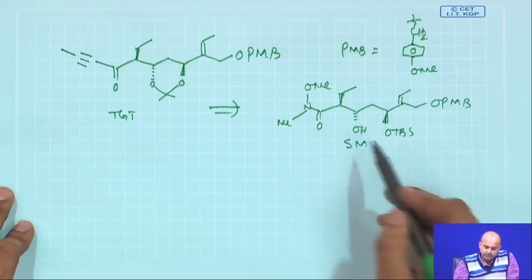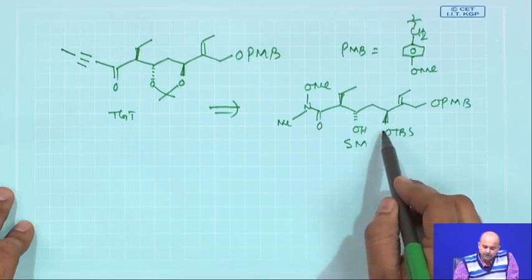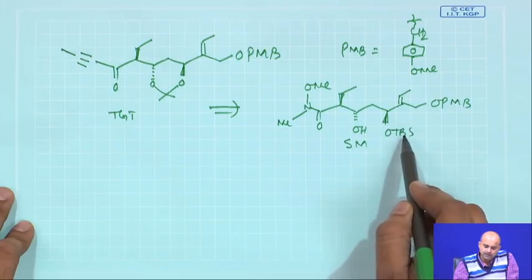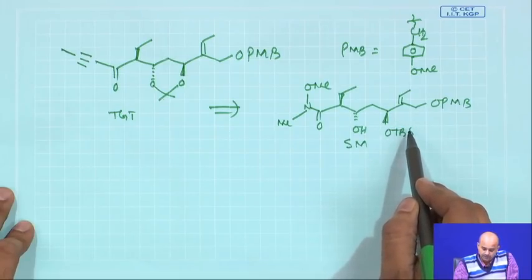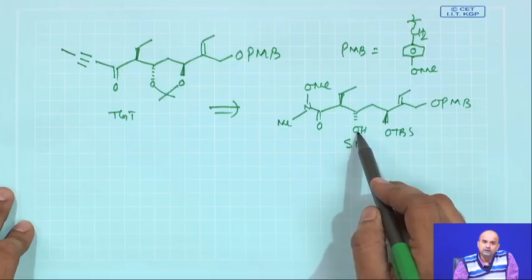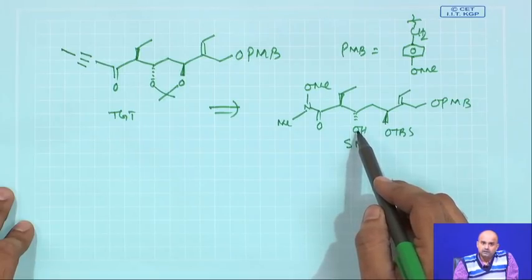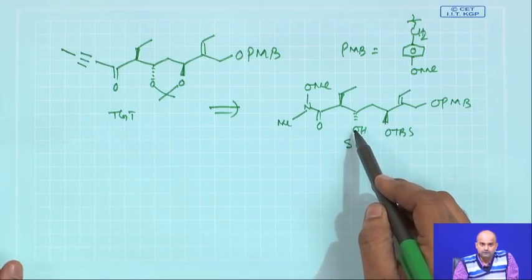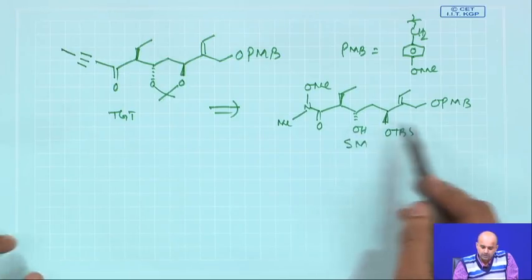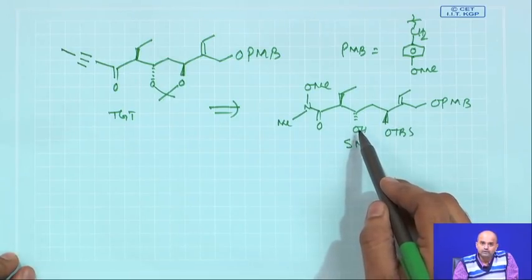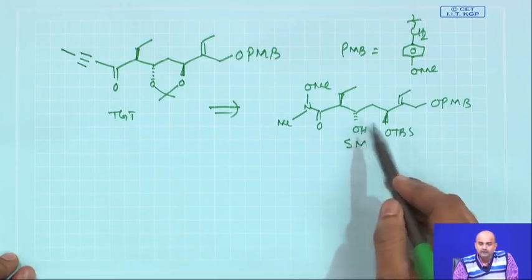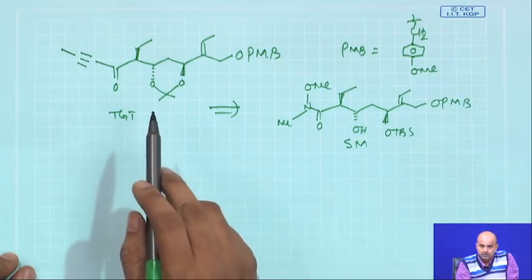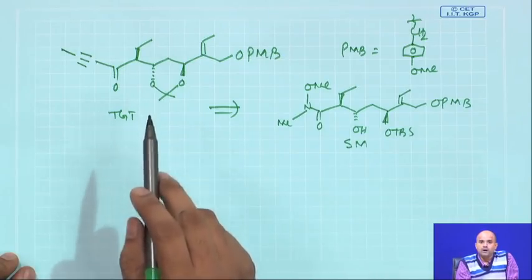And then you see one of the secondary alcohol groups already has a TBS protecting group, but this alcohol is free. As I said, in the Weinreb ketone synthesis you need a Grignard or lithium reagent, which is a basic condition, so you probably need to protect the free hydroxy group, which might hinder the Weinreb ketone synthesis.